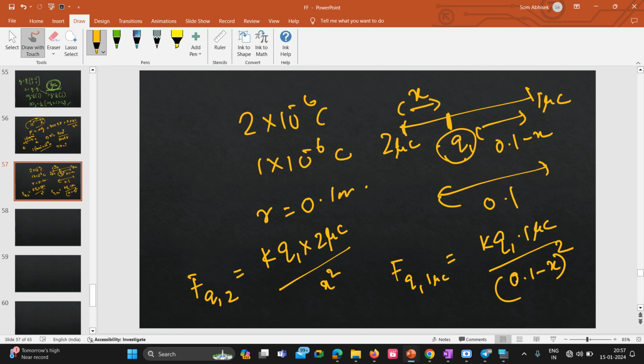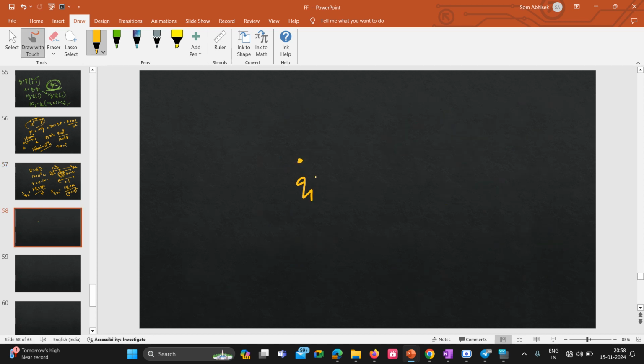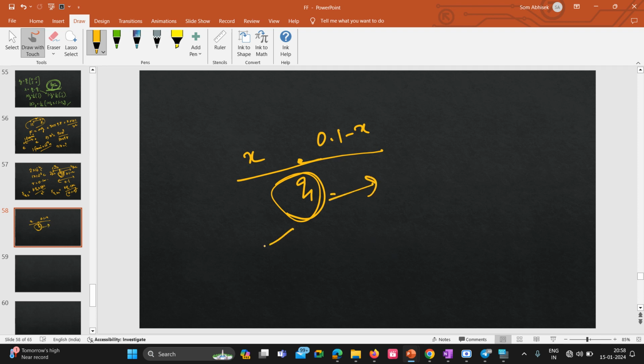The net force is 0 on Q1. Suppose this is your Q1. These are two charges here. This is x distance, this is 0.1 minus x. Net force on Q1 is 0. That means the force on the right side equals the force on the left side. So I can write force on Q1 because of 2 microcoulomb is equal to force on Q1 because of 1 microcoulomb.